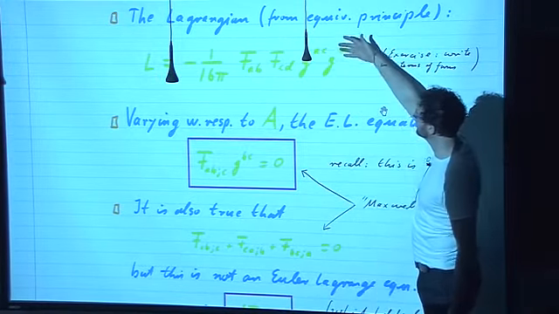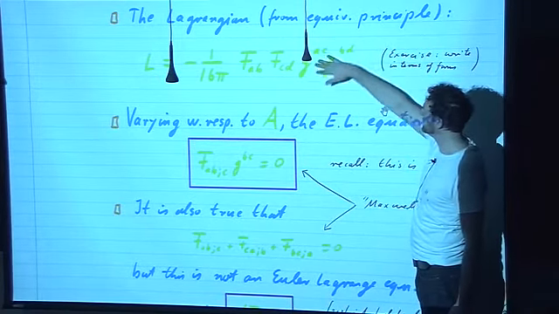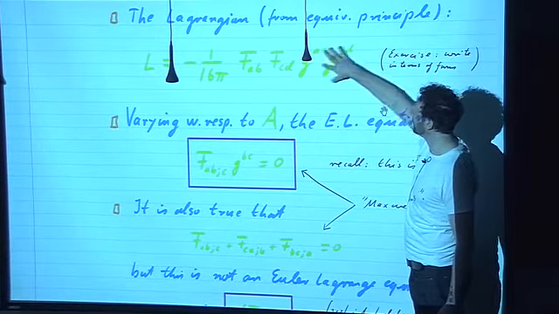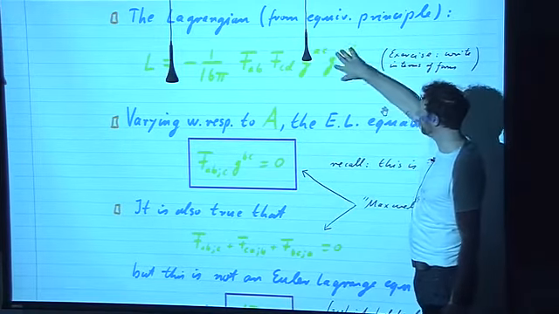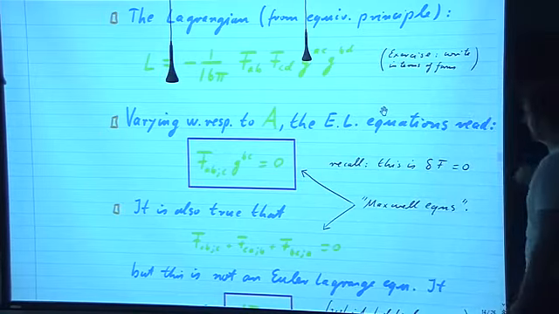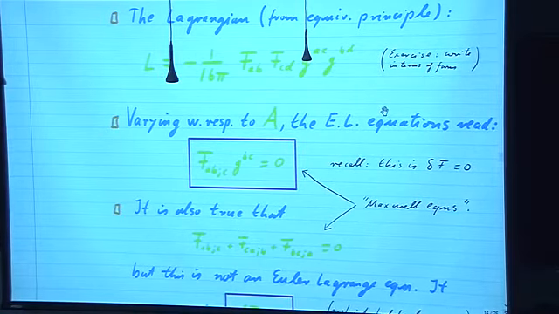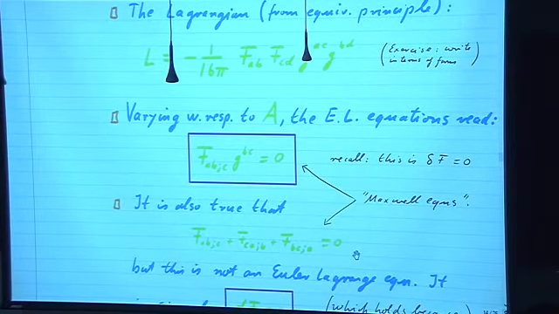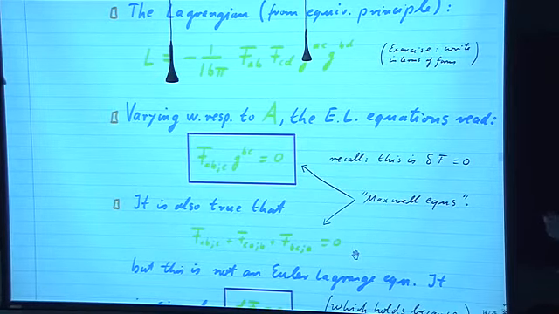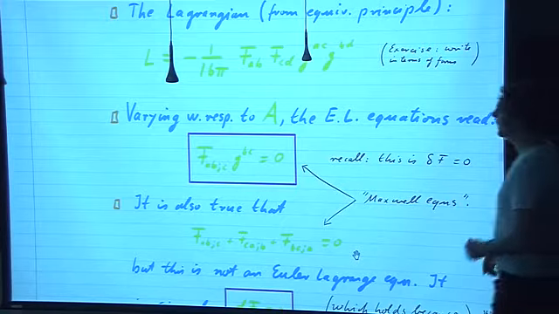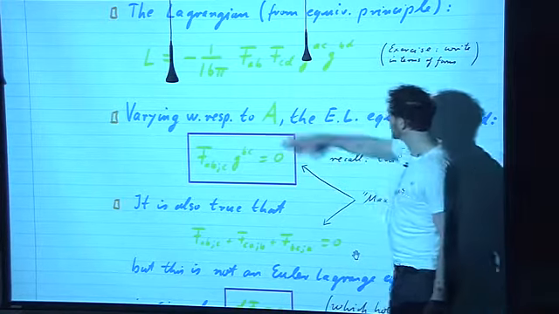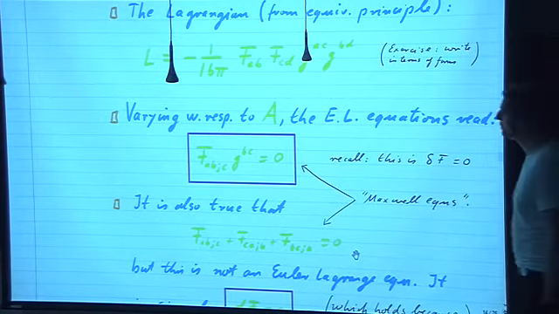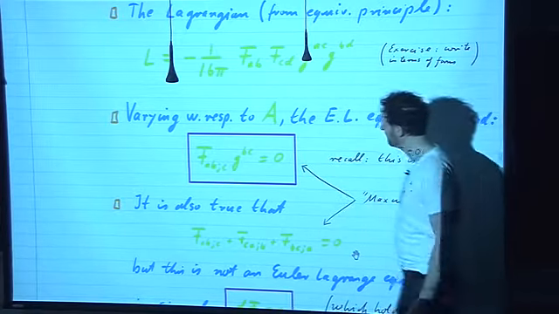The only difference to Minkowski space is that we are using here the proper metric instead of just the eta of Minkowski space in Cartesian coordinates. Then, again, if we apply the Euler-Lagrange equations, we vary with respect to A, the Euler-Lagrange equations become these.